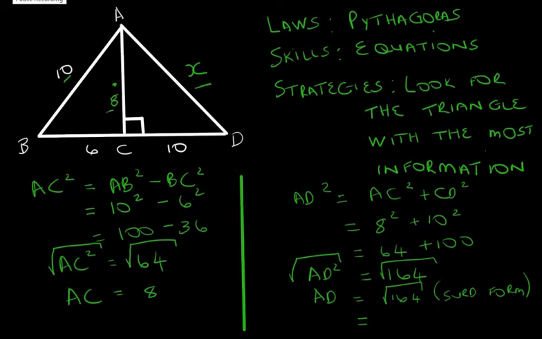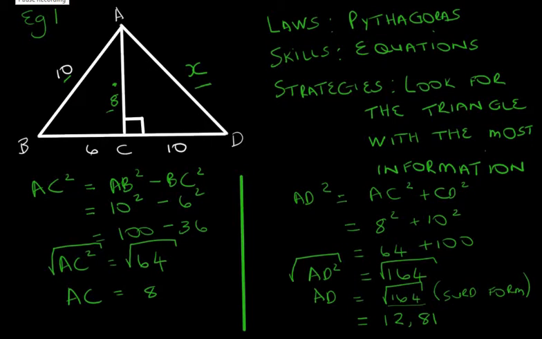Now 164 is not a perfect square. So if your teacher is happy for you to leave your answer in surd form, then this is what surd form looks like. However, if your teacher would like you to continue and give your answer in decimal form, you would have to write it out like this. So your answer then would be 12,81.